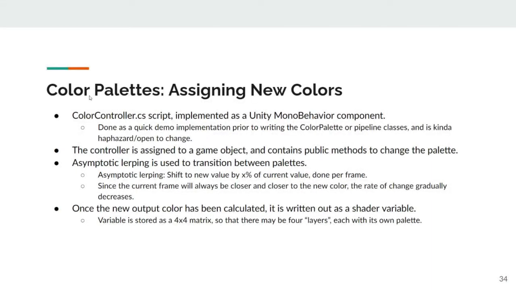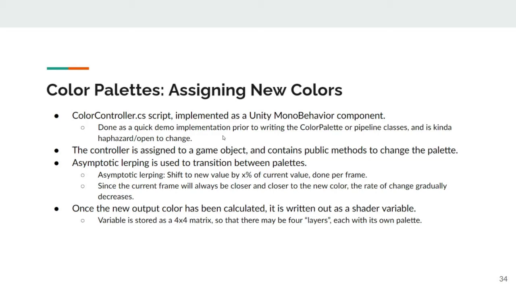For assigning new color palettes, there's just a single MonoBehaviour which runs in the background and takes the color palettes and just assigns them as needed. I really just did it to get it done. It's not really sophisticated or elegant at all, and maybe it'll stick around. Who knows? Not me.